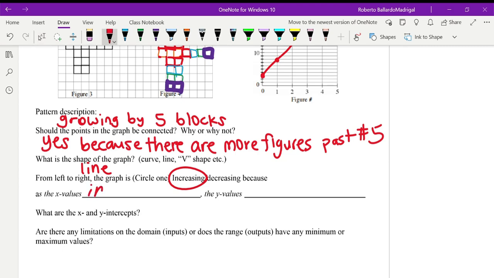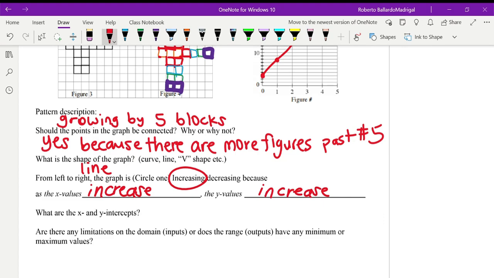So as the figure number increases, so will the number of blocks or the y values. So both of these are increasing. Once again, as we move up in figure number, so will the number of blocks. And the reason why is because every single time we have a new figure number, we're adding 5 extra blocks from the previous one. Okay.